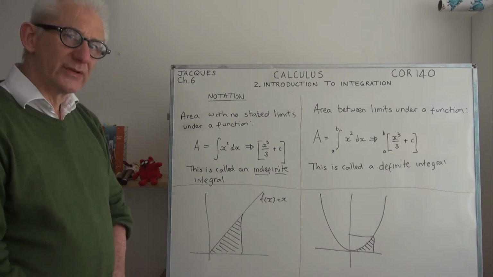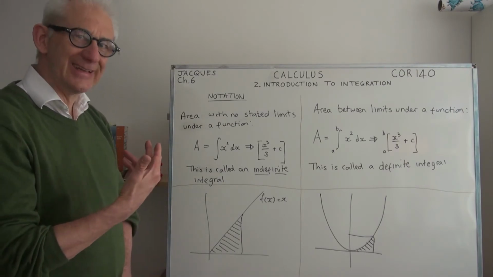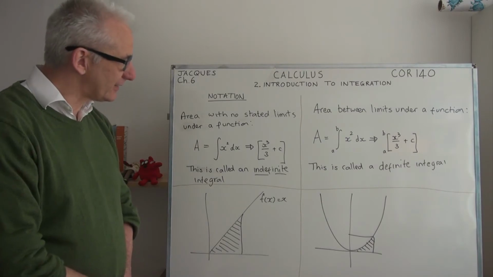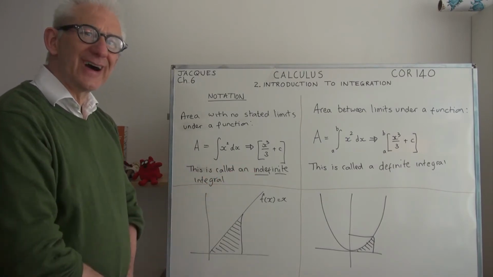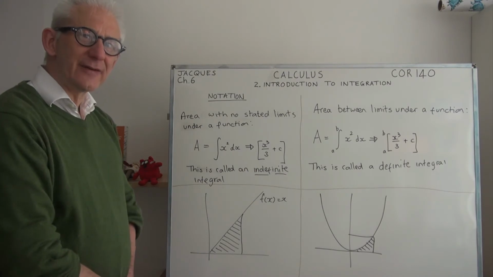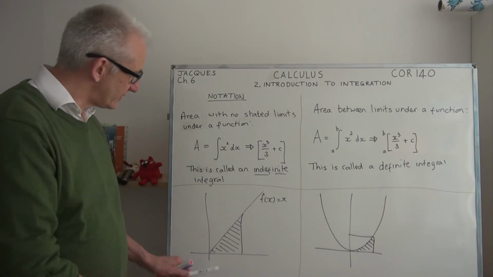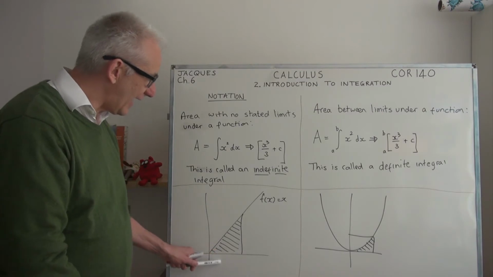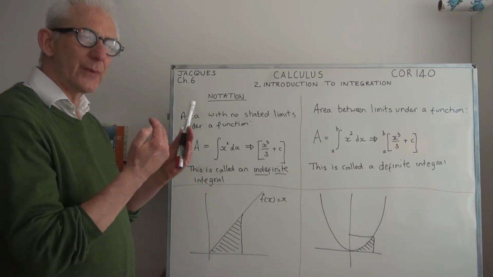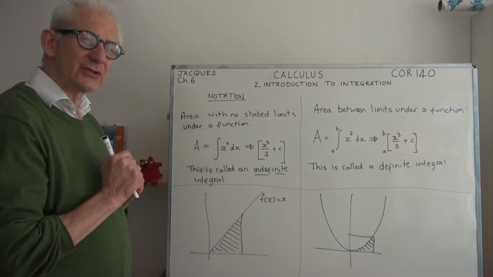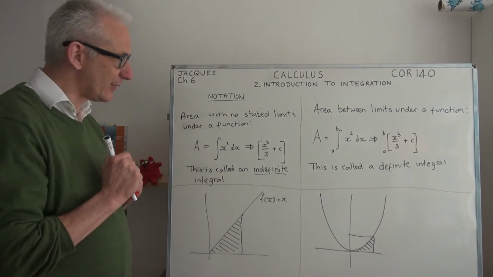Well, what we do is the same as we did when we were working out our differentiation problems. We fell back on the idea of very, very small changes in the value of x in order to make the point where we were measuring the slope as close to a straight line as we possibly could.